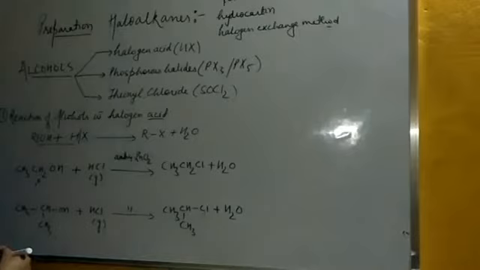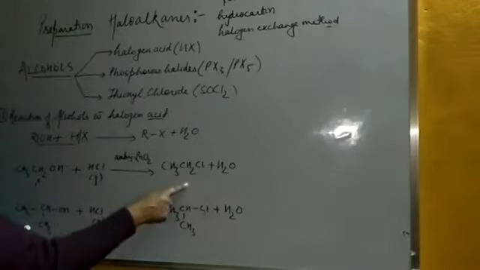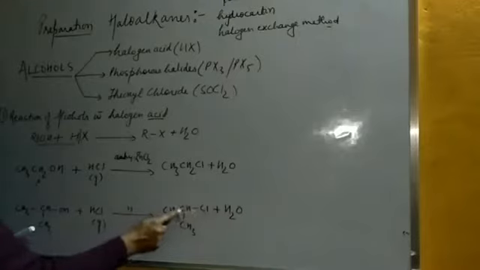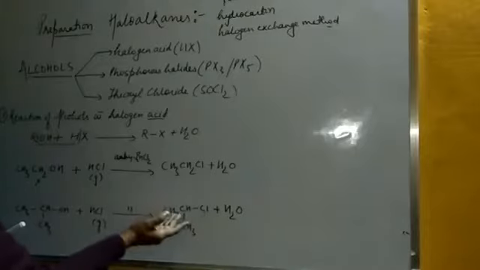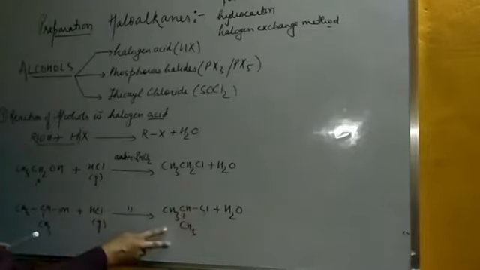And we will get here secondary alkyl halide form. This is the primary alkyl halide form. I think you can name it. In this first carbon we have methyl, so it is 1-methyl chloroethane. It is formed here.